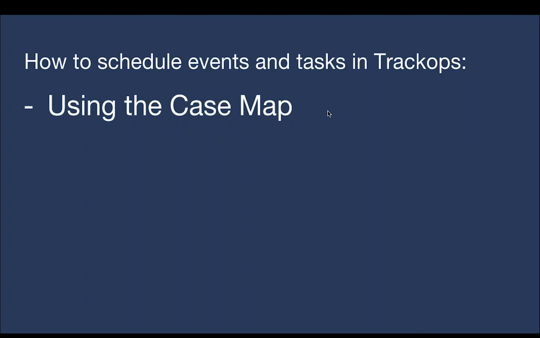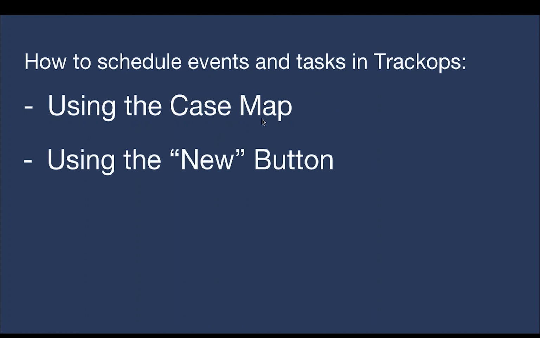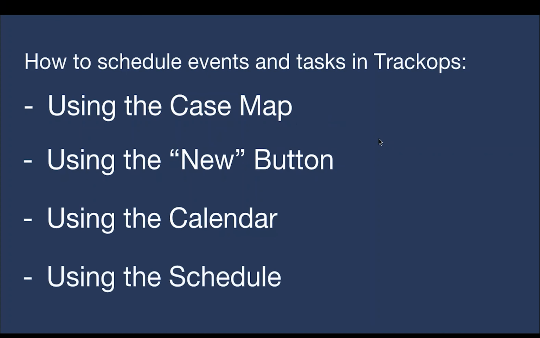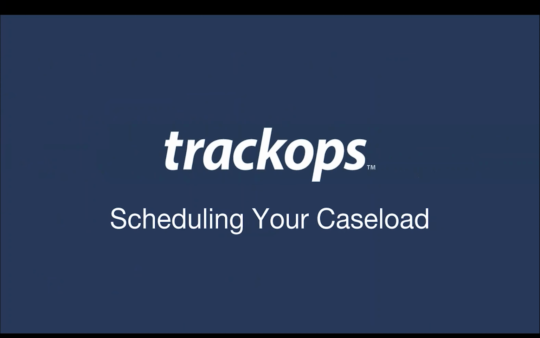You get a lot done when you use the case map to make a schedule event. Then you can always use the new button on your case overview page to schedule both an event and a task. You can of course use the calendar, and you can use the schedule. So those are 4 ways we're going to look at today.